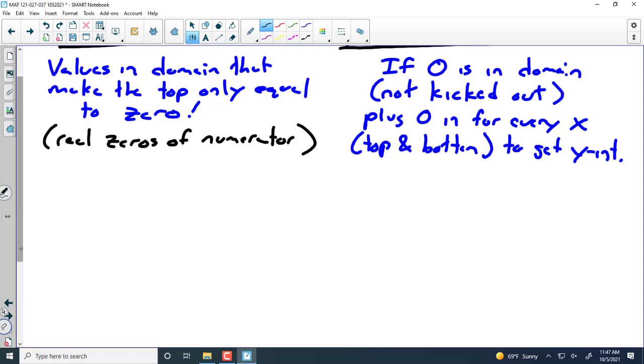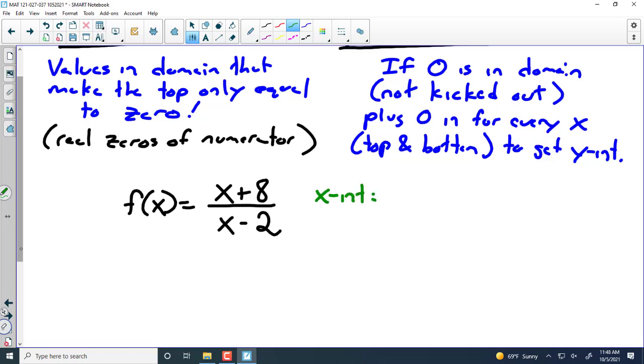So, class, what's the only value that makes the top equal to 0? -8. X-intercept, -8, 0.